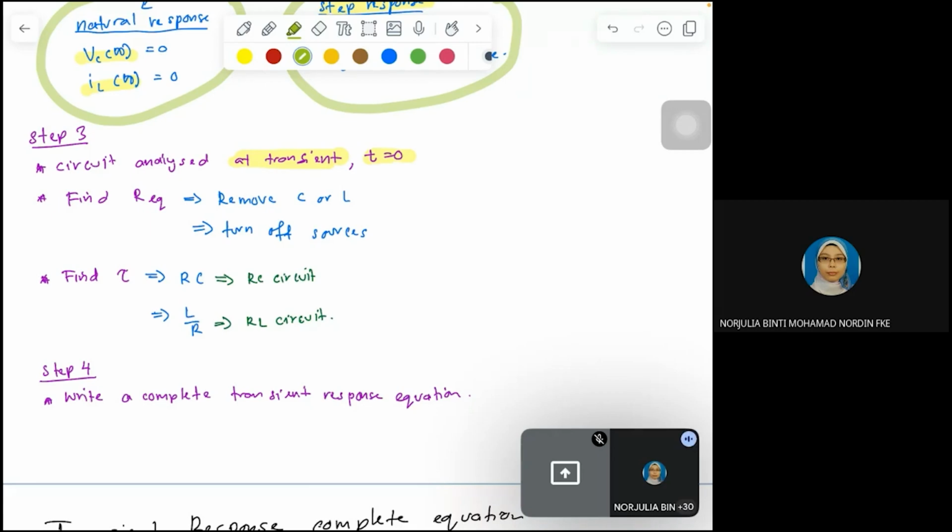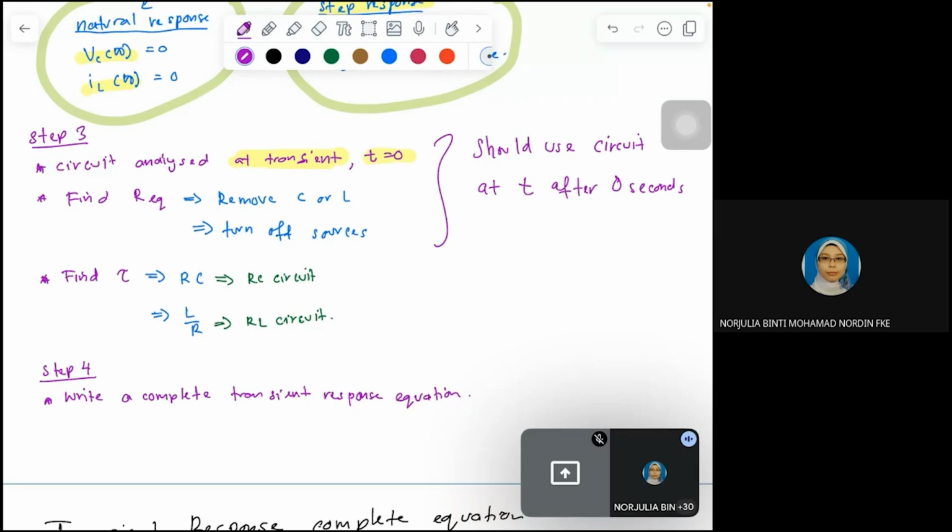At step three, you should use the circuit at t after 0 seconds. From that particular circuit, you need to find your R equivalent.